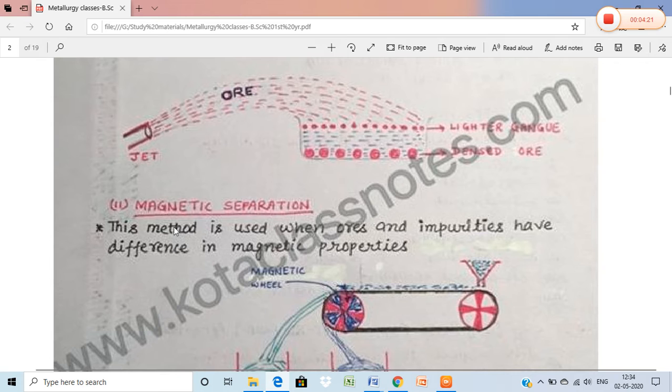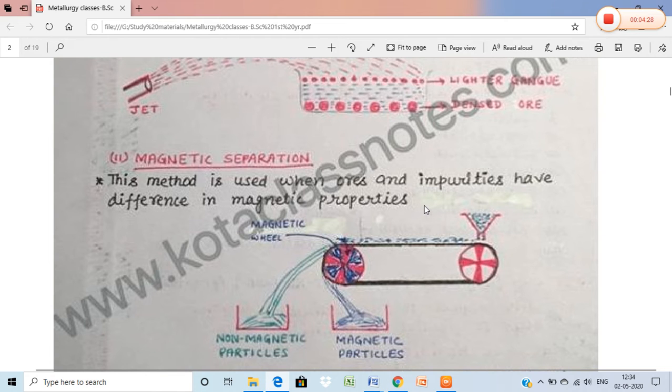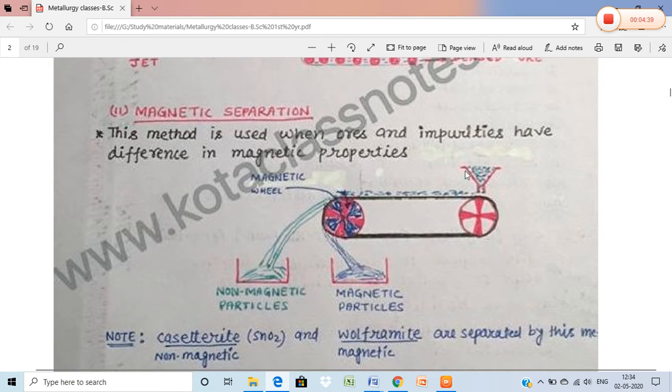Now the magnetic separation. It is used when the ore and impurities differ in magnetic properties. If your ore is magnetic and the impurities are non-magnetic, then we can use this magnetic separation process. This is the figure showing how it goes.